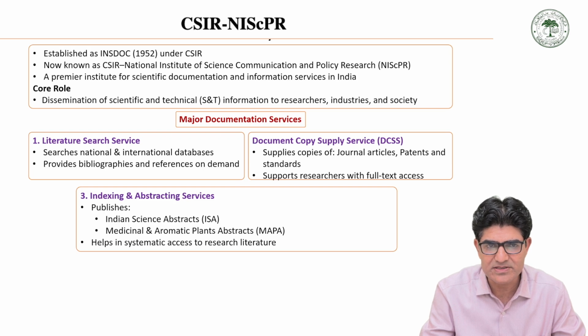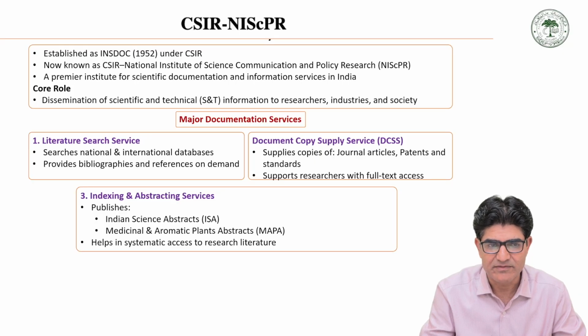Another important service of the institute is indexing and abstracting services, and National Institute of Science, Communication and Policy Research publishes at least two important abstracting services. One is Indian Science Abstract and the other is Medicinal Aromatic Plants Abstract. These are now available online as well as in printed format. And these indexing and abstracting services help in the systematic access to research literature.